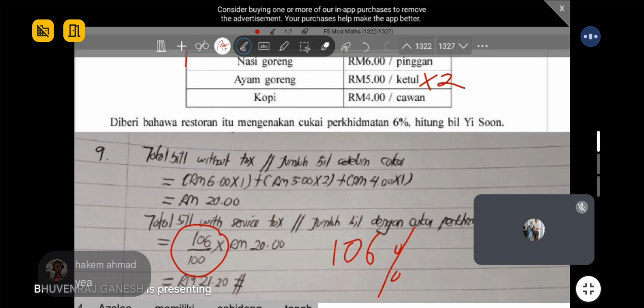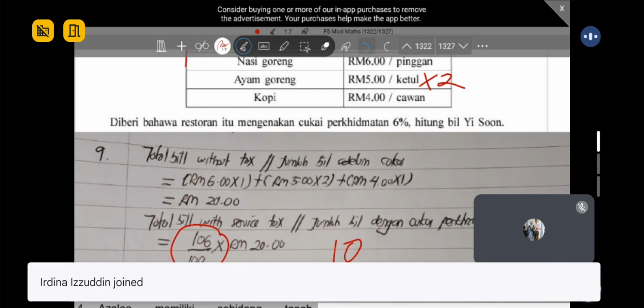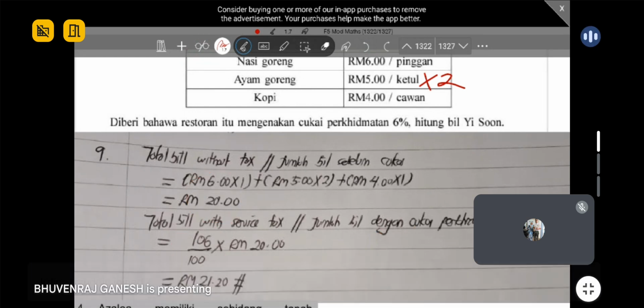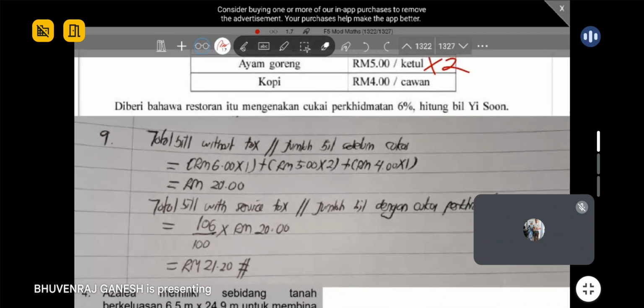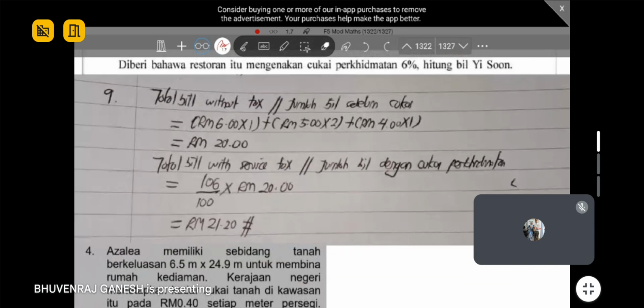Basically, 100% is your original bill, tax 6%, so your latest bill is 106% times this value. So then you will get the answer. Your answer is 2120 selepas cukai, after the tax. Okay, guys? So until now, are you all clear?